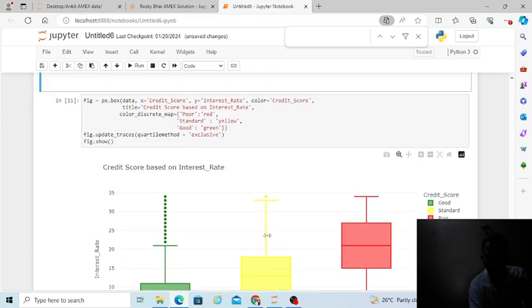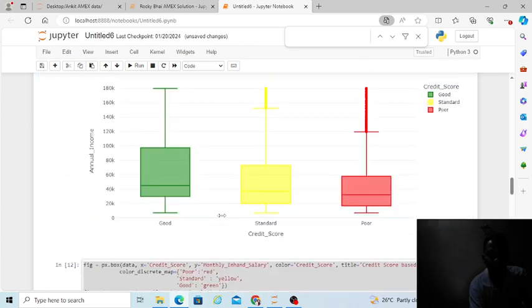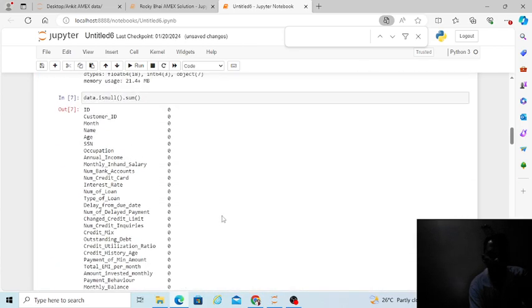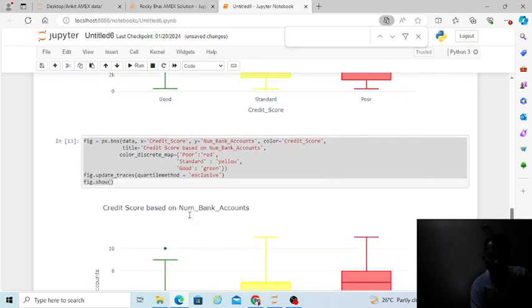So this is for interest rate. Okay, now I will check for number of loans.